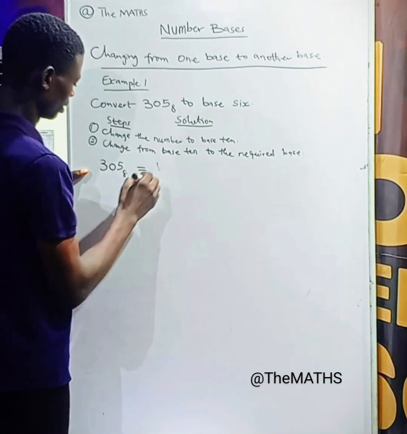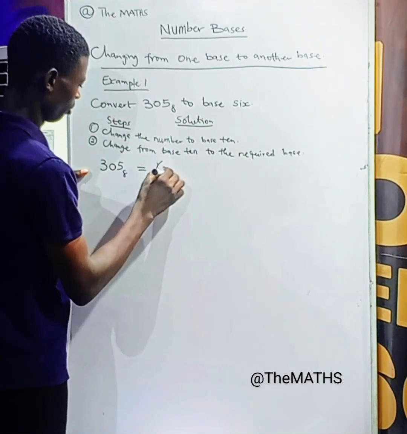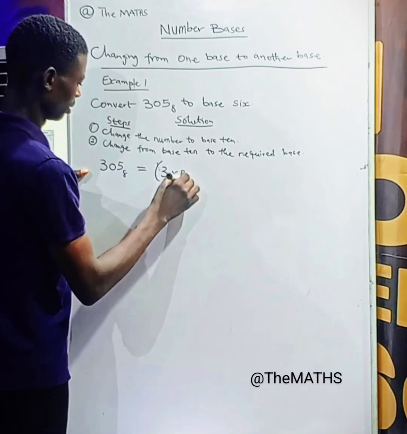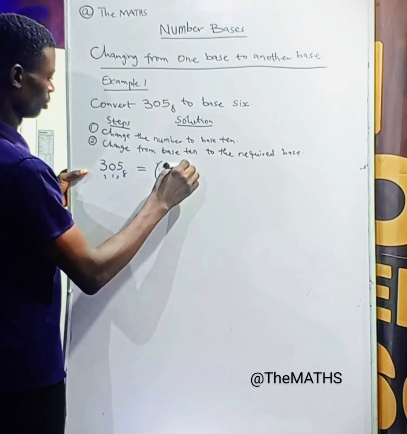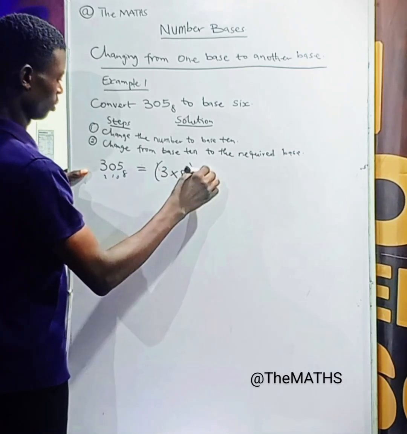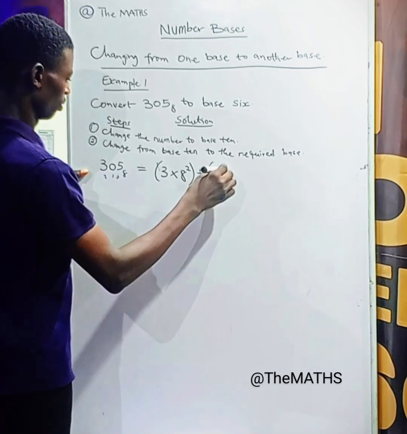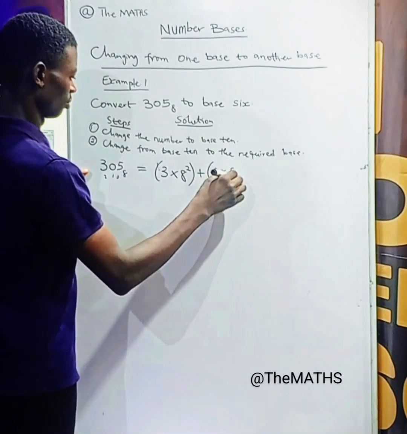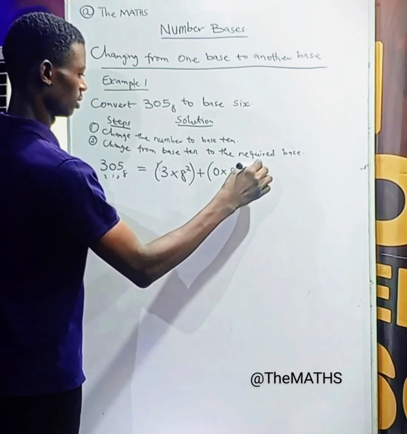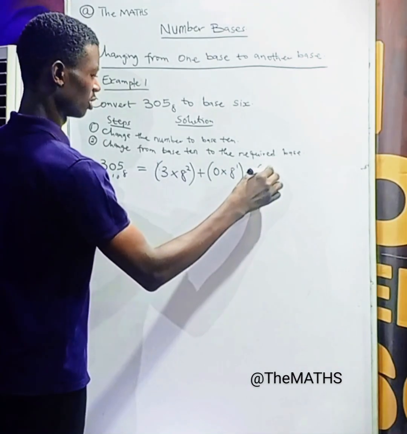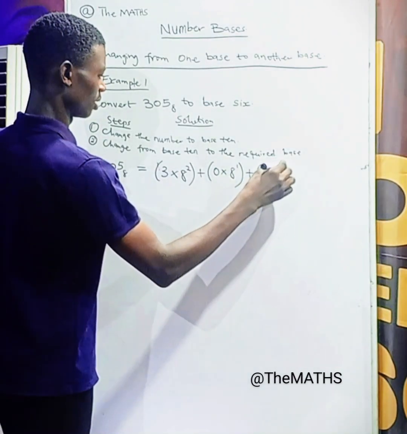So this will give us 3 multiplying the base 8 and its position, when we count 0, 1, 2, exponent 2, plus 0 multiplying base 8 exponent 1, plus 5 multiplying base 8 exponent 0.